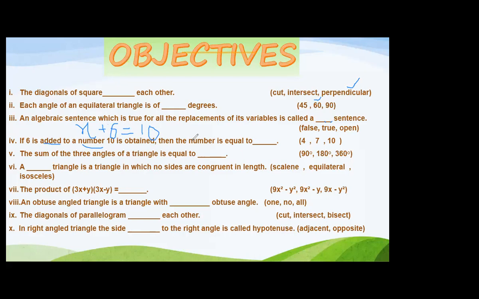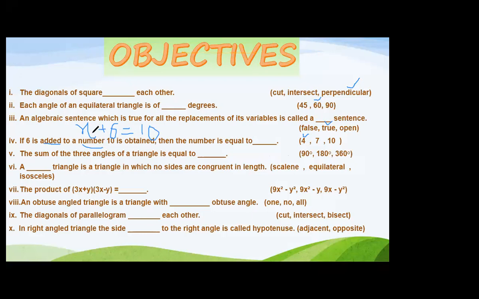Excellent. So here the answer given by Ali is correct, but I also want the reason why we get this answer. That's why I'm asking you to make the working column and solve it there. If 6 is added to a number, 10 is obtained. The number is x.